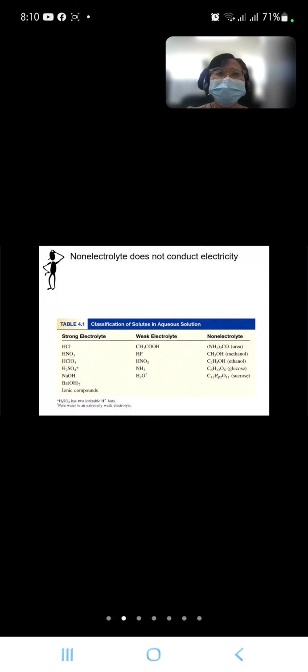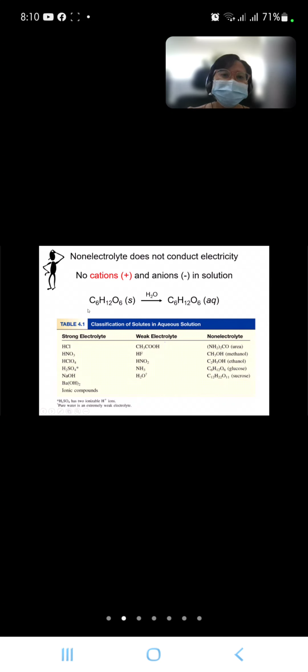Now for non-electrolytes, as I have said earlier, they do not conduct electricity because no ions are formed. There are no cations and no anions. For example, C6H12O6, this is sugar.